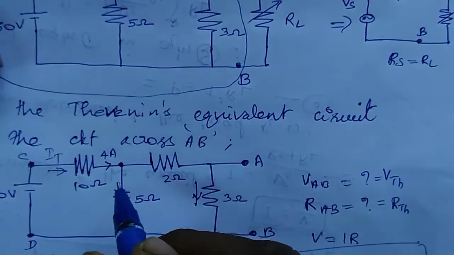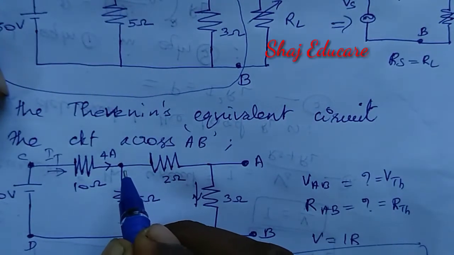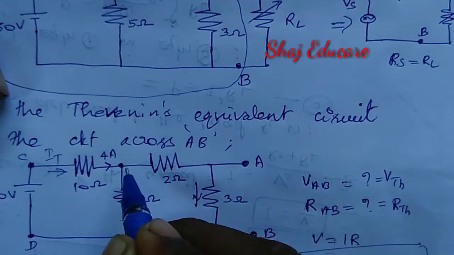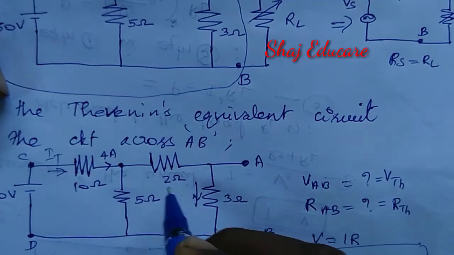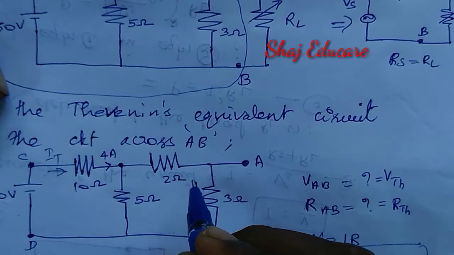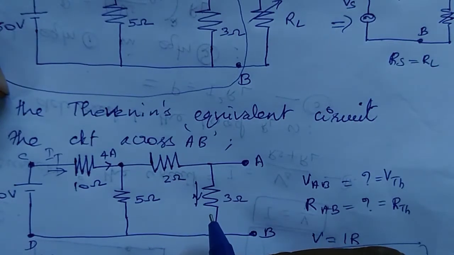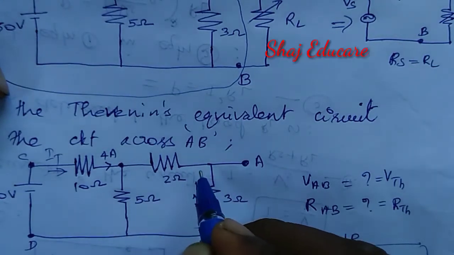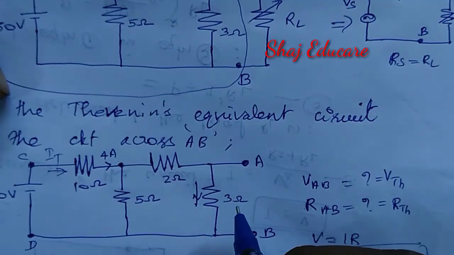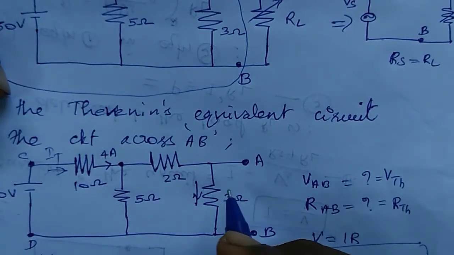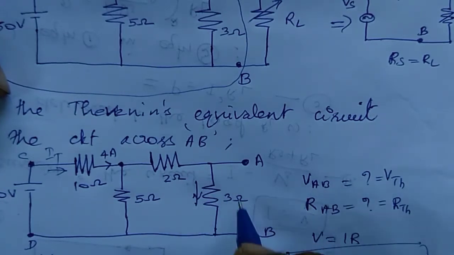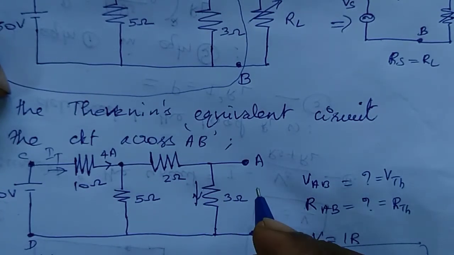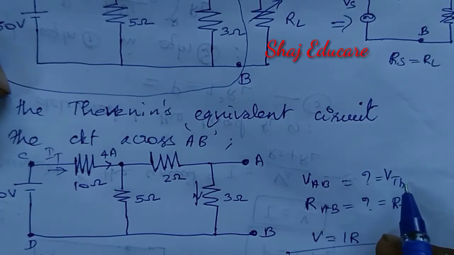Upon reaching here, of course, the 4 ampere current will split into two current components. A portion will flow through the 5 ohm resistance and another portion will flow through this 2 ohm and 3 ohm resistance. Now we have to find the current flowing through this branch only, the 3 ohm. Thereby we can find the voltage across the 3 ohm resistance. That will be VAB, that will be the Thevenin voltage.